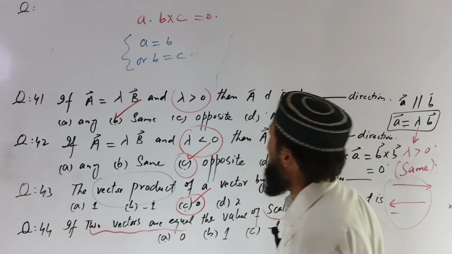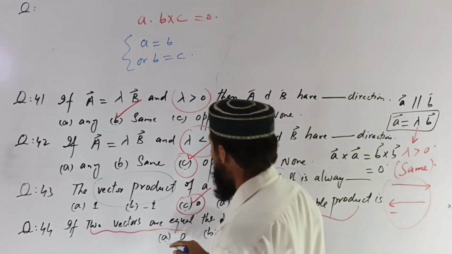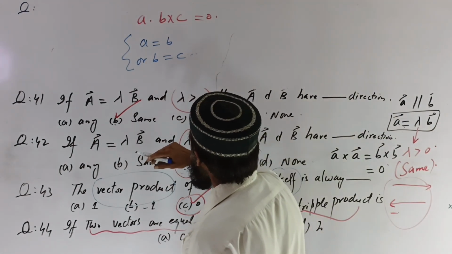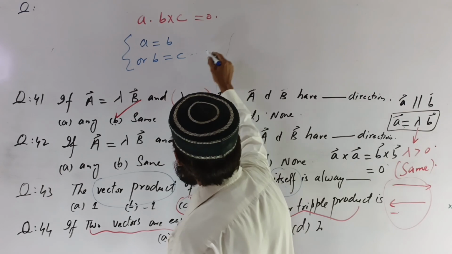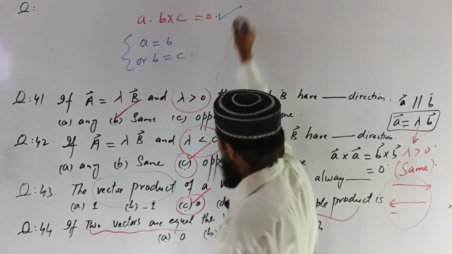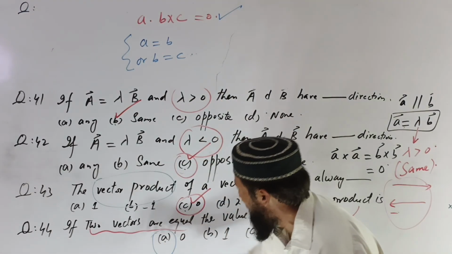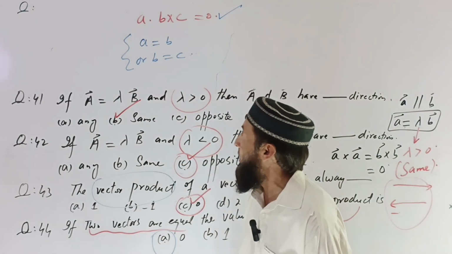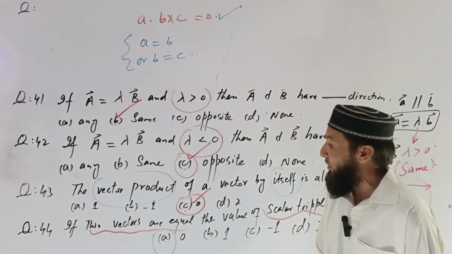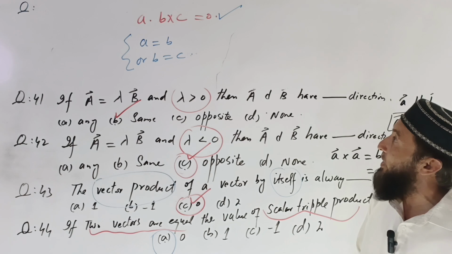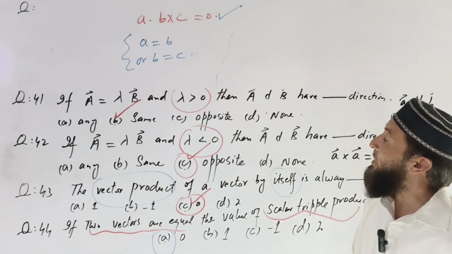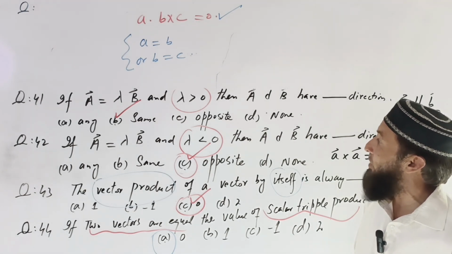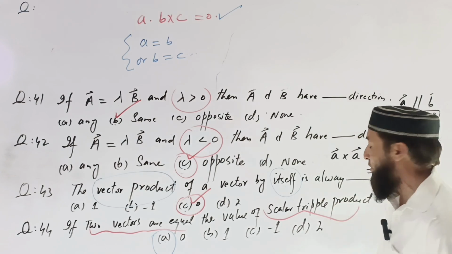So in this situation, the result will be equal to 0. If A is equal to 0 or B is equal to 0, then A dot B cross C, the scalar triple product, will be equal to 0.